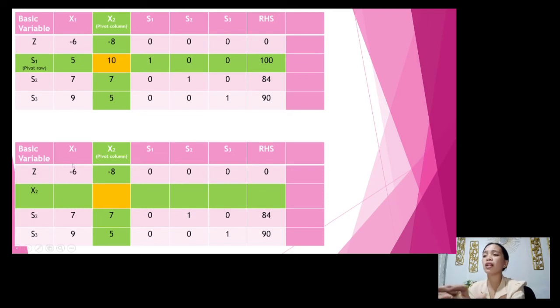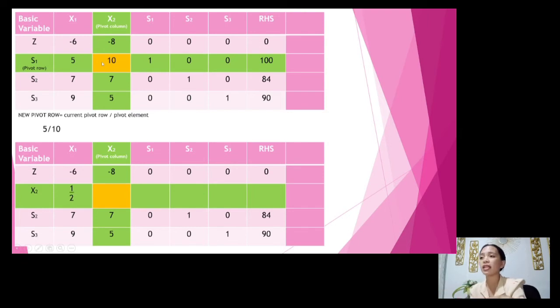To get the values here, we divide our current pivot row by the pivot element to get the new pivot row. So we have here 5, this is our current pivot row. Then we will be dividing this by our pivot element, which is 10.